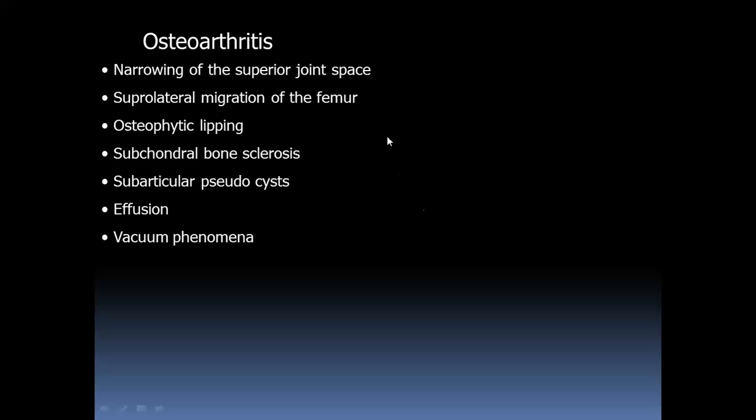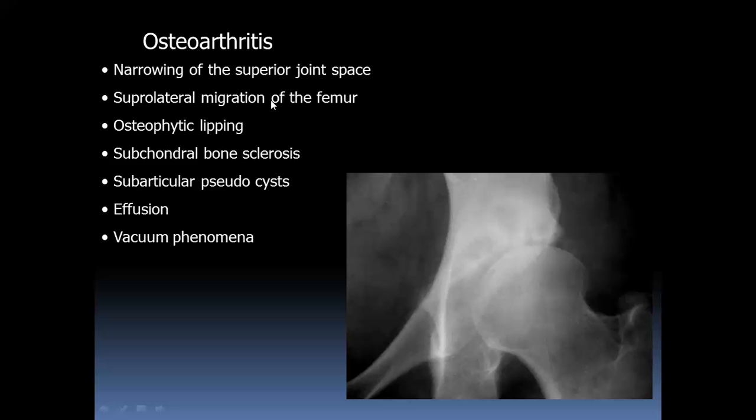Now come to osteoarthritis. We have the famous narrowing, the famous osteophytic lipping, subchondral sclerosis, pseudocysts, effusion, sometimes air formation, and the superolateral migration of the femur. Here are the sclerosis, the pseudocyst formation, the migration of the femoral head. This is osteoarthritis.